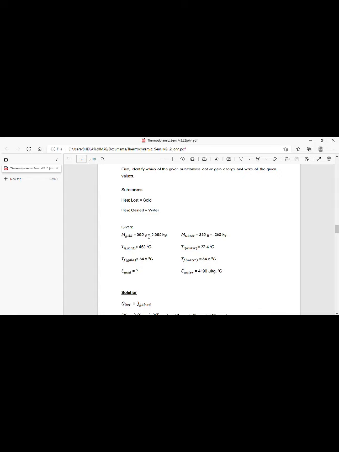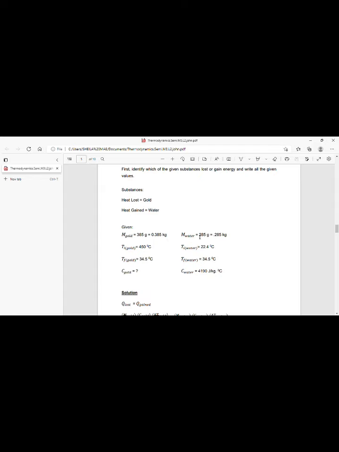We will convert it into kilograms. So here is the conversion of grams to kilograms, 0.385 kg. The initial temperature of the gold is 450 degrees Celsius, and the final temperature of the gold is 34.5 degrees Celsius. The missing here is the specific heat of the gold.